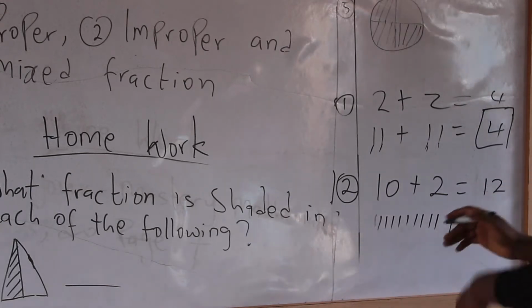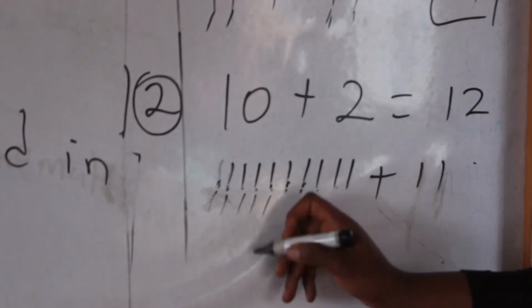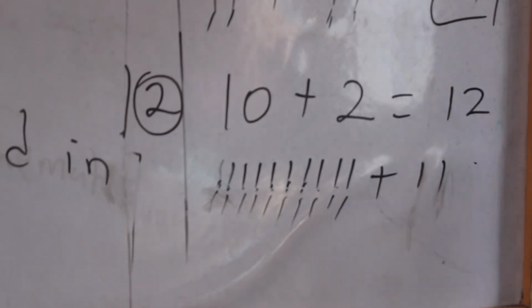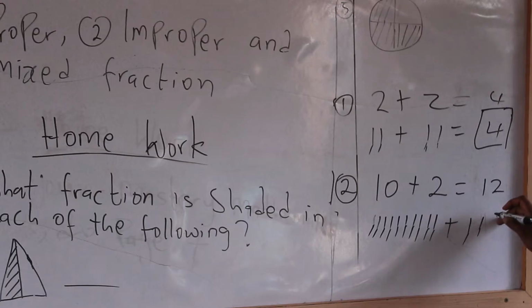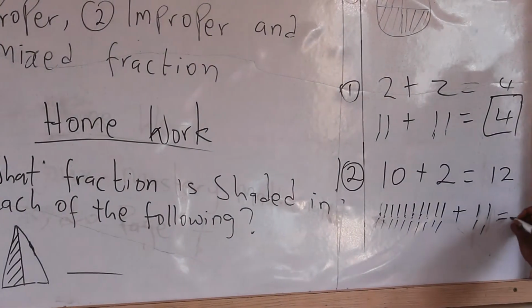Then you add them together: 1, 2, 3, 4, 5, 6, 7, 8, 9, 10, 11, 12, making it 12.